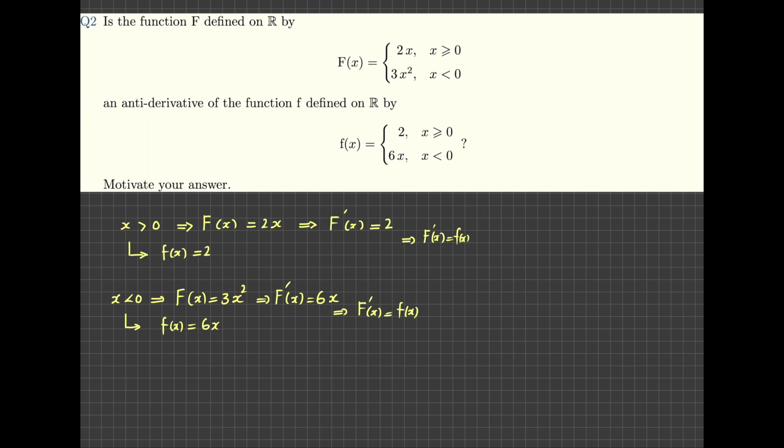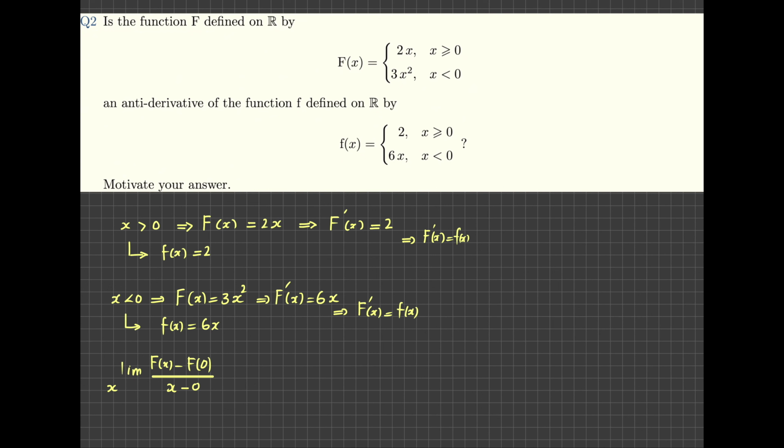Okay, how should I do that? I will consider two limits coming from the definition of the left derivative and right derivative. So I would write the limit of capital F of x minus capital F of 0, because my goal is to check differentiability of capital F at 0, so I'm writing the definition of the derivative for capital F at 0.